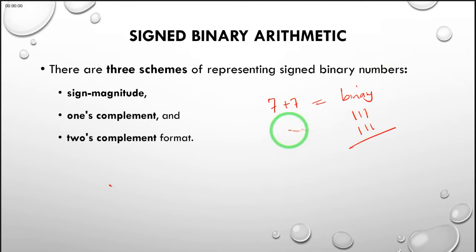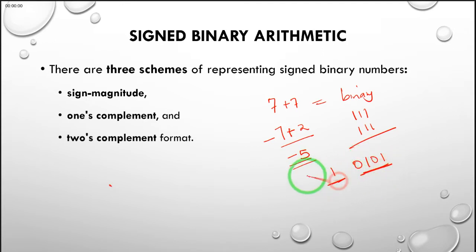But assume we find an answer that says it is minus 7 plus 2. The number that you get needs to be expressed as minus 5, introducing a 1 before the number itself, because this is number 5 and we need to introduce a 1 to represent the negative sign.